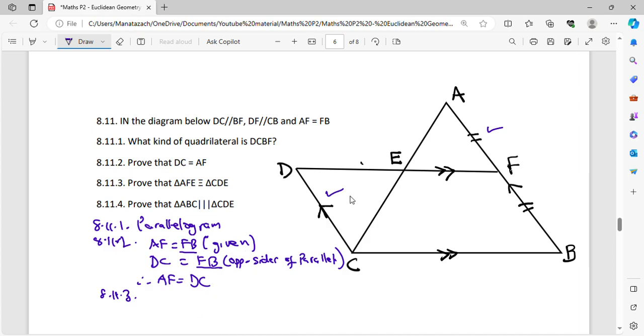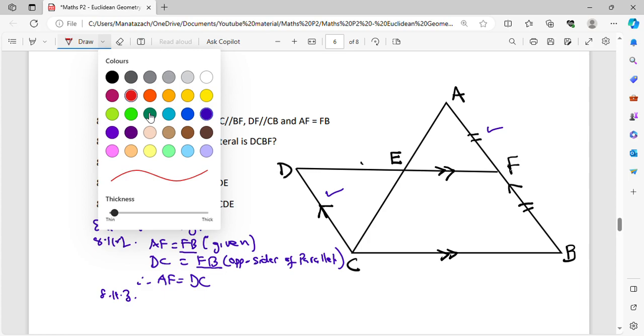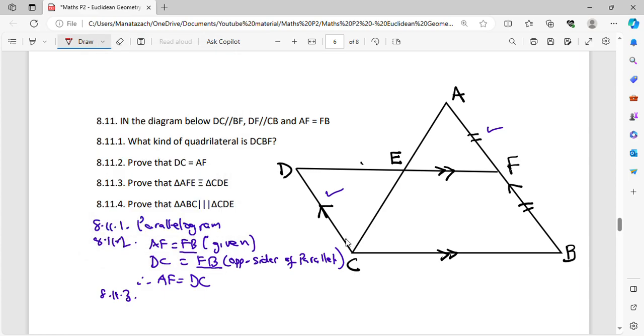Since we've got two parallel lines here, DC is parallel to AB, we can say that this angle is equal to that angle. The reason for that is alternating angles. So basically angle C is equal to angle A. Let's call it C1. So C1 is equal to angle A, alternating angles.